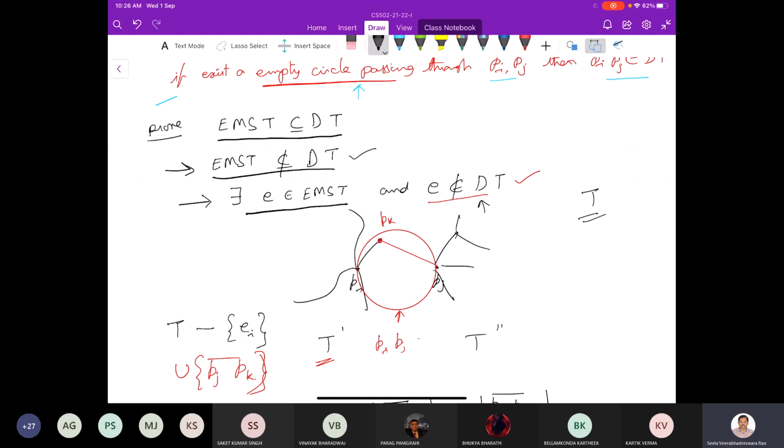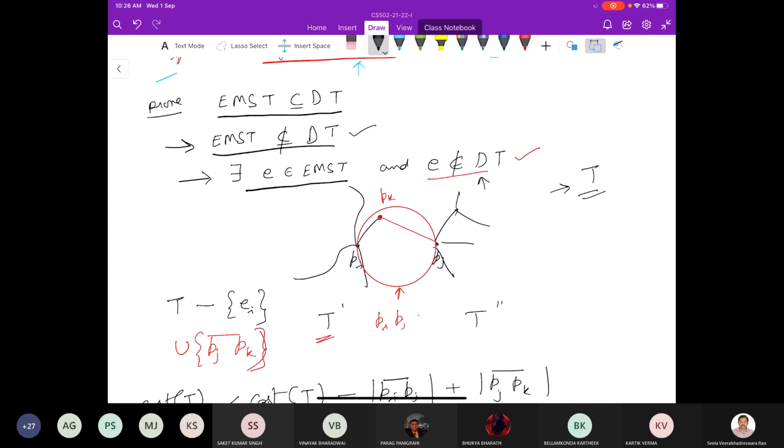If this happens, then the minimum spanning tree is not a subgraph of Delaunay triangulation. So assume that the given minimum spanning tree is T, and this edge E belongs to T and does not belong to Delaunay triangulation.